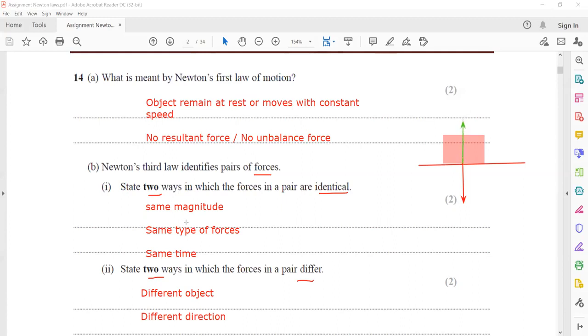In similarity you can also mention they act along the same line. Their directions are opposite and they act on different objects: the force of the object acts on the surface and the force of the surface acts on the object.